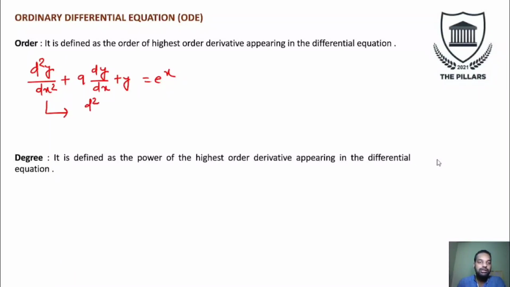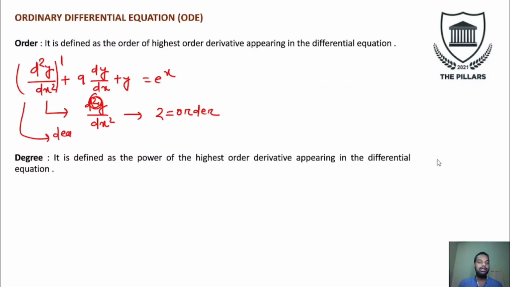Here the highest order derivative term is d²y/dx², and this order 2 gives us the order of the differential equation. Now our second job is to see the power of that highest order derivative. Here, the power of the highest order derivative is 1. So for this equation, the degree is 1.